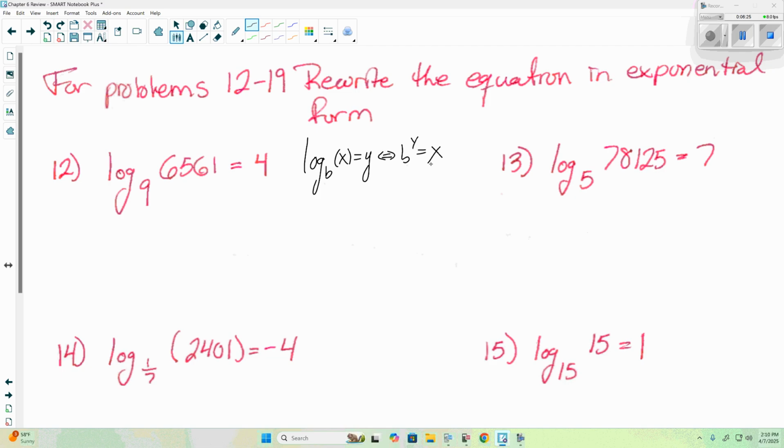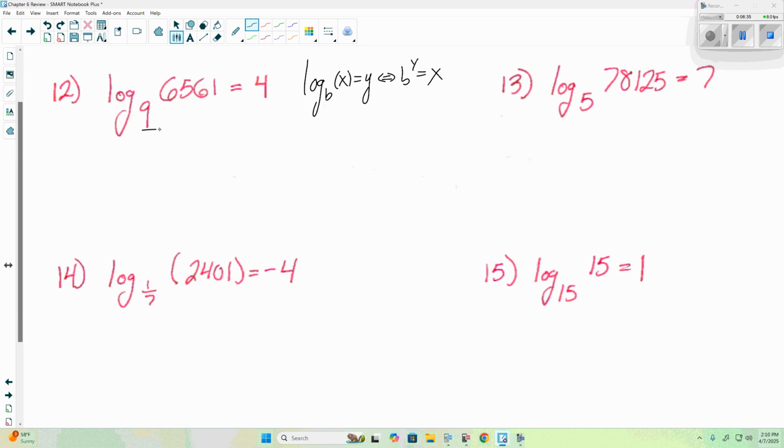So if we look at the first one, log base 9 of 6,561 equals 4. We want to rewrite that as an exponential. What is our base for this here? 9. So that's our b. So b to the y. Well, y in our case is 4. So b to the y would be 9 to the 4th is equal to x.